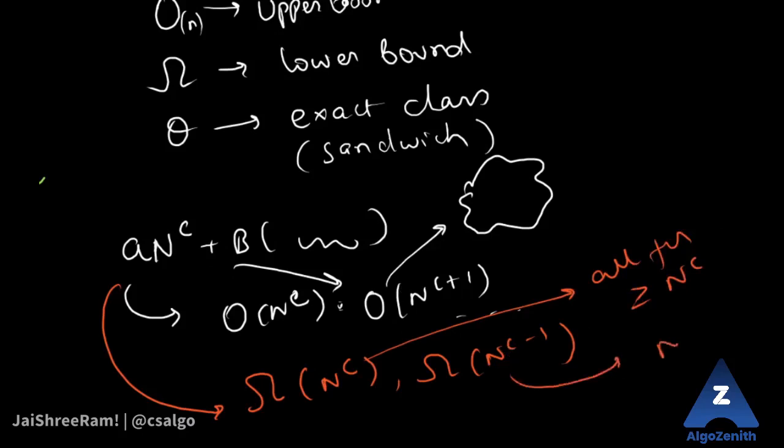This is also greater than or equal to n^(c minus 1), so that's also true, right? But in theta, if you think of just polynomial functions, this is exactly theta of n to the power c. That's it, right?